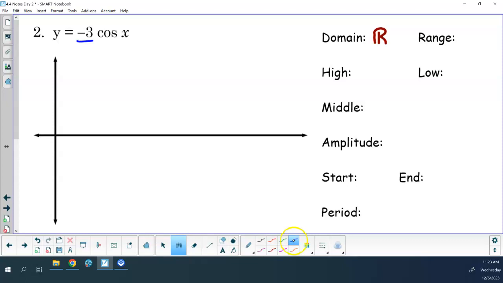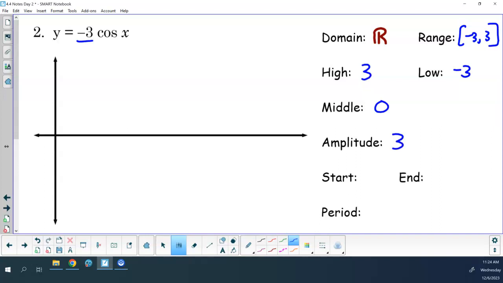Does it affect the middle? No, so the middle is still 0, which means that an amplitude of -3 would mean my high point would be at +3, my low point would be at -3, which means then my range is from -3 to +3. All because my amplitude is 3.